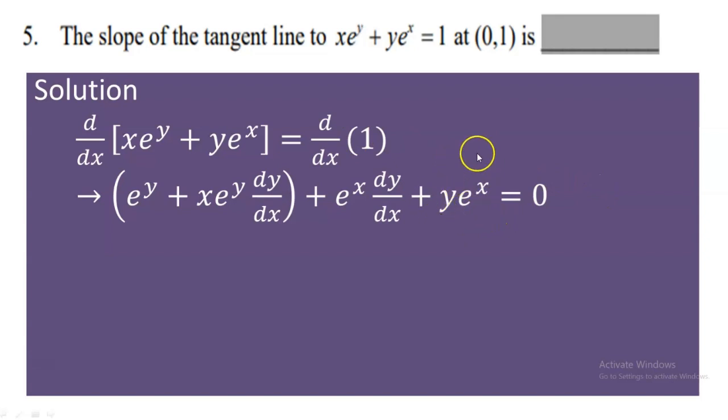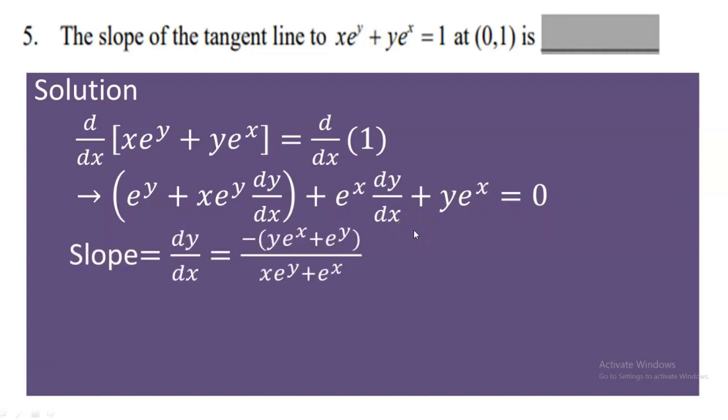I can also move y e to the power of x to the right, and it's going to be negative y e to the power of x. So both are going to be negatives. In doing this, I have dy by dx, the slope I'm talking about, change in y over change in x, and this is negative of y e to the power of x plus e to the power of y divided by x e to the power of y plus e to the power of x.